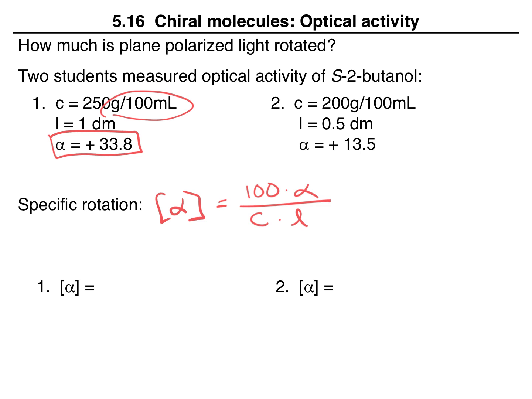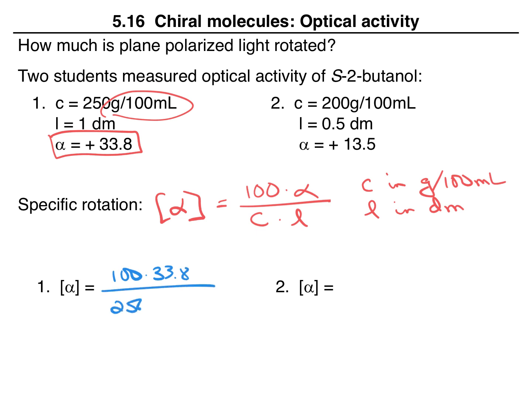So alpha is the measured rotation, C is the concentration in grams per 100 mLs, and L is the path length in decimeters. So for student 1, we have 100 times 33.8 divided by 250 divided by 1.